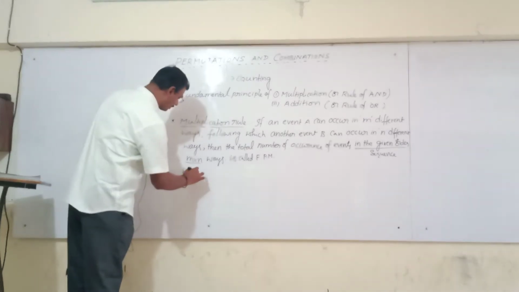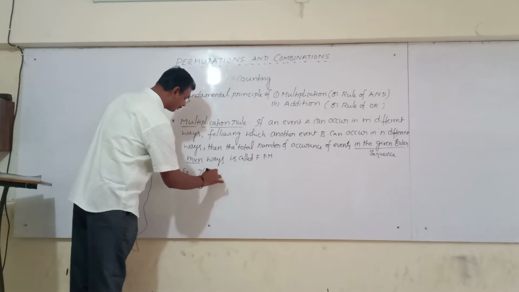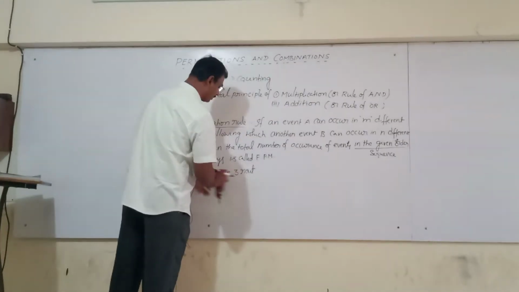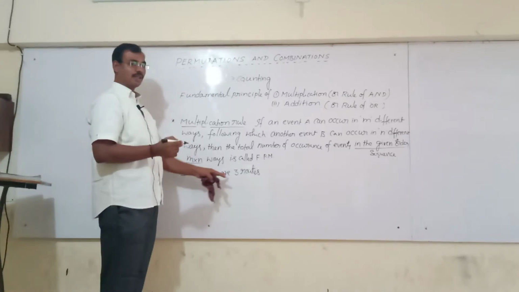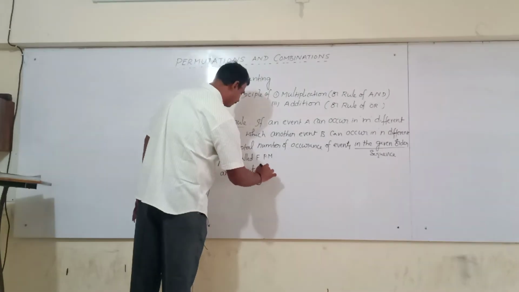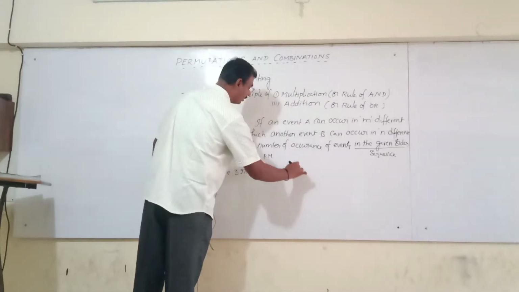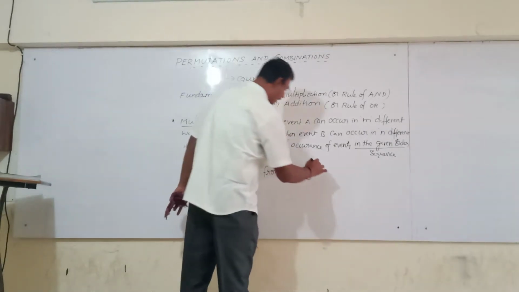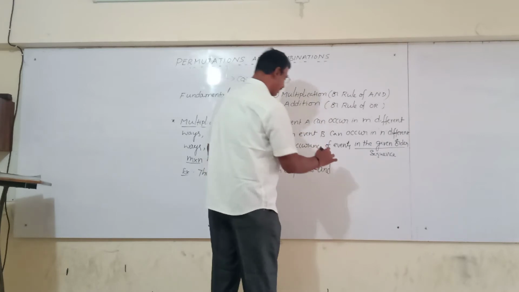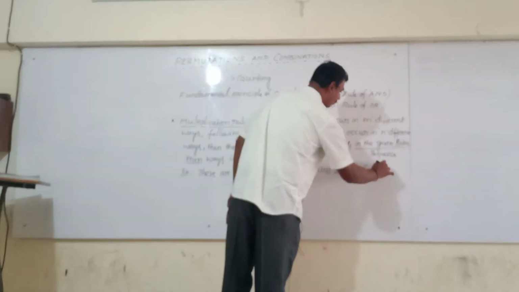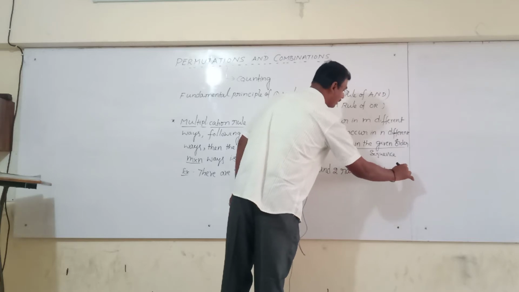The question is, there are 3 roads from city A to city B, and 2 roads from city B to city C.